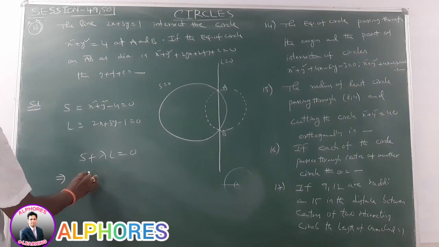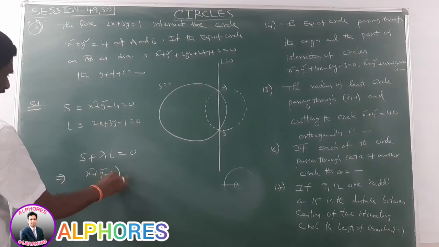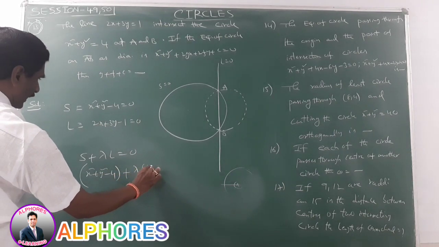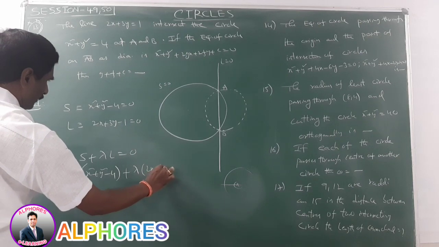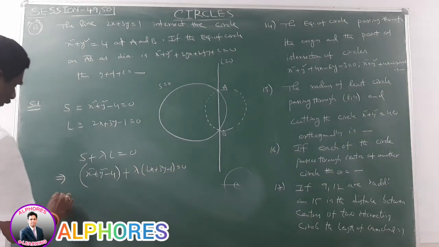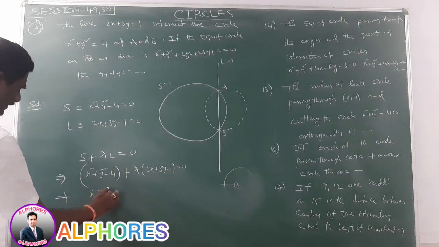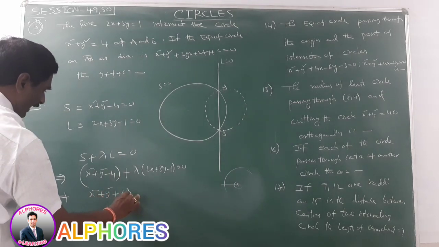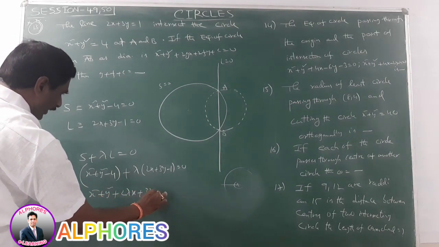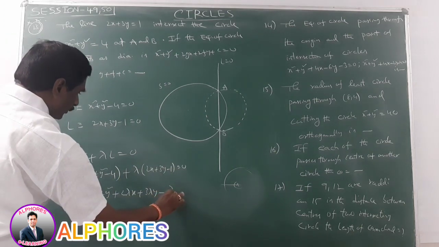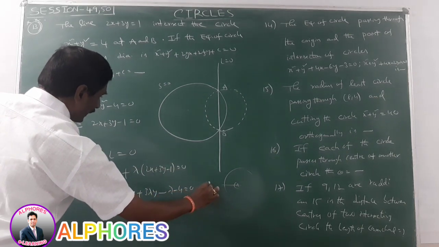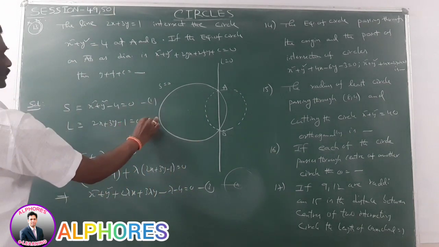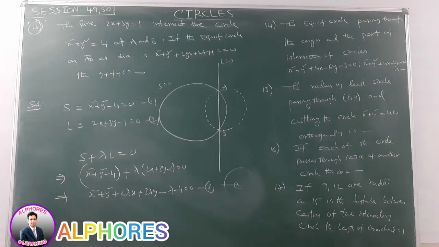That means x² + y² − 4 + λ(2x + 3y − 1) = 0, that is, x² + y² + 2λx + 3λy − λ − 4 = 0. It is the equation of the required circle.